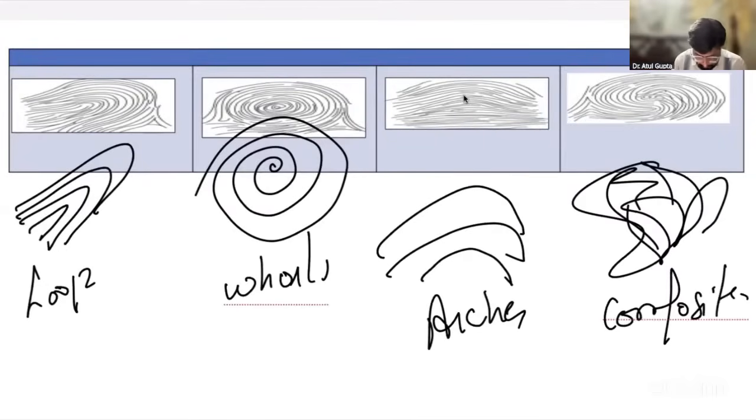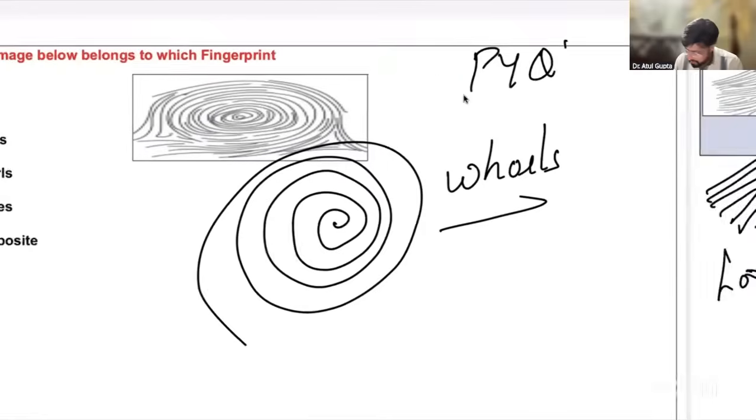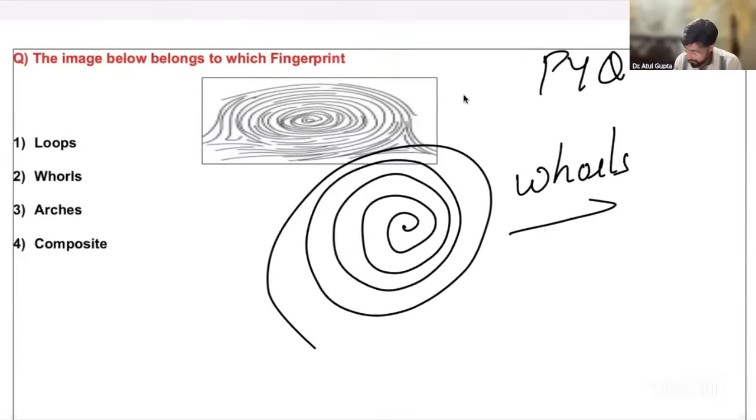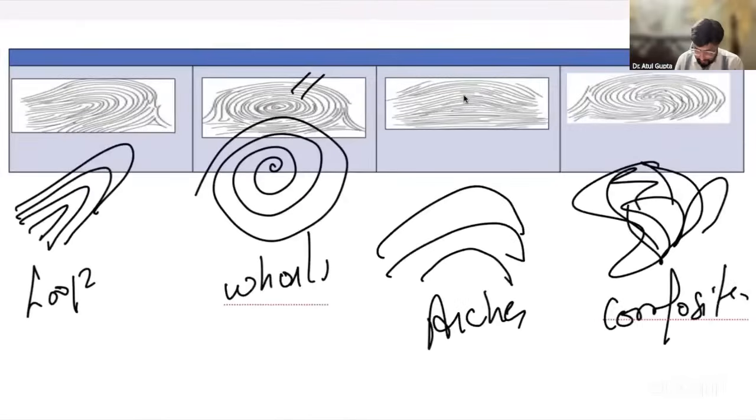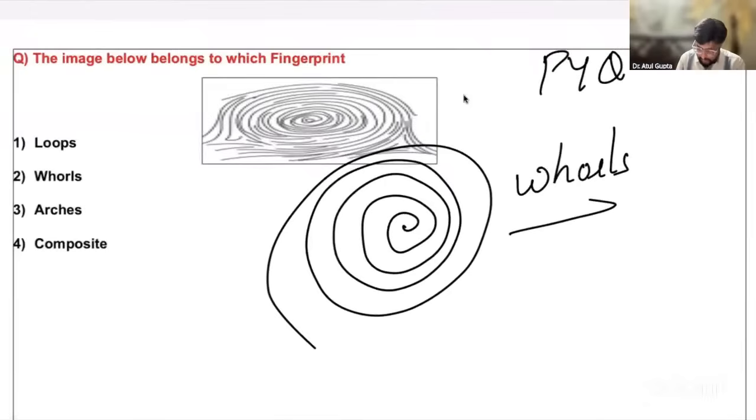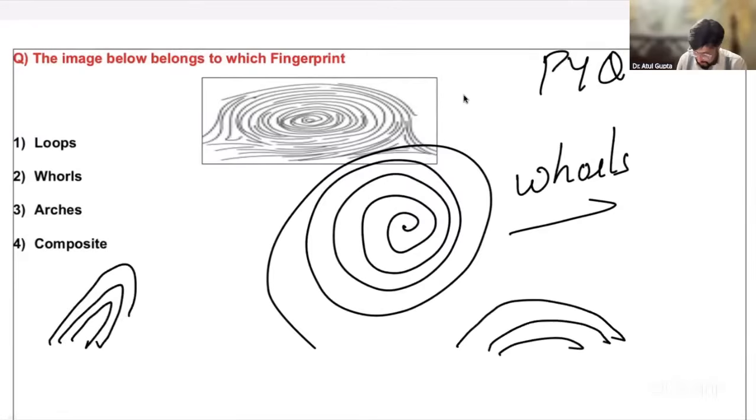I hope this image was there. I can only know if I get the image, but you just remember like this. This is whorls, and loops are like this. Arches are like this.